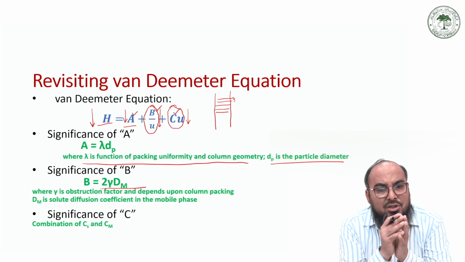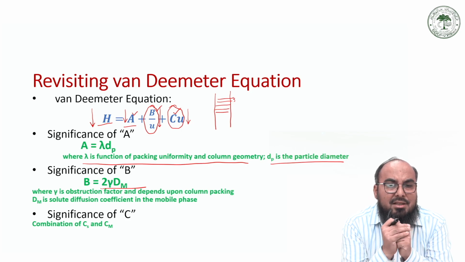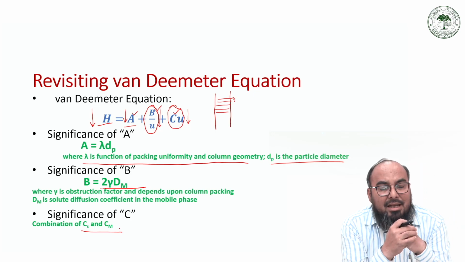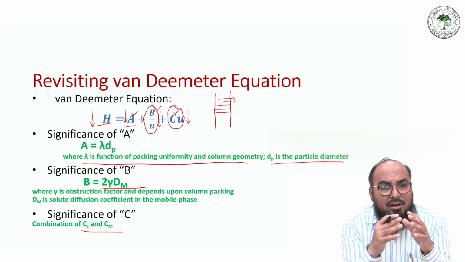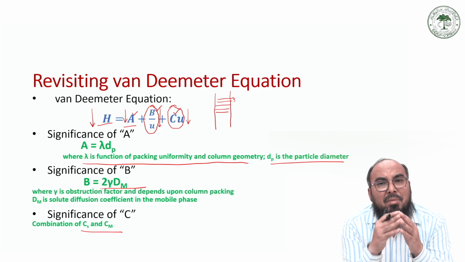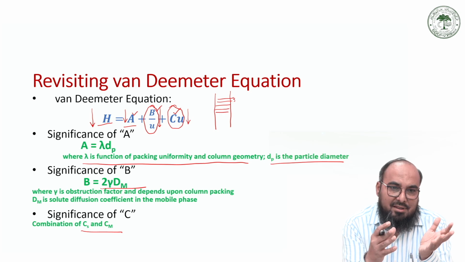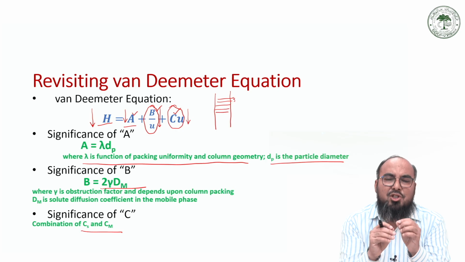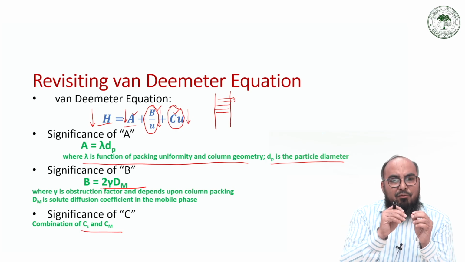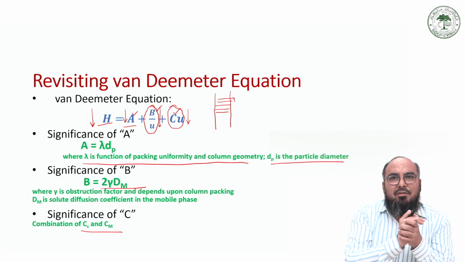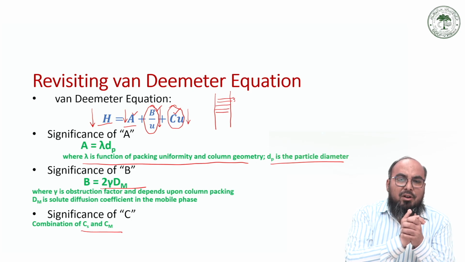Similarly, with regard to C, we know that it is the resistance to mass transfer. In fact it is a combination of Cs and Cm, that is the resistance experienced by the solute molecules in the stationary phase and in the mobile phase. For example, if your solute has a very good interaction with the stationary phase, then of course Cs will be high, meaning the resistance will be high.